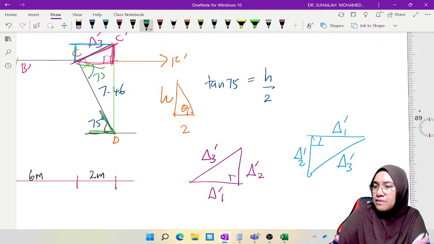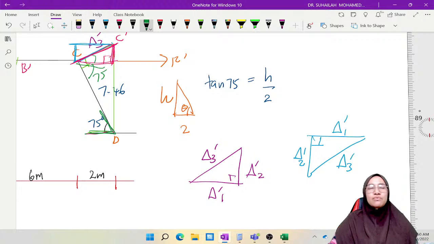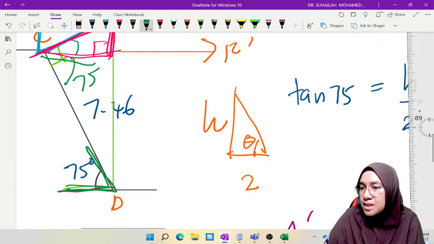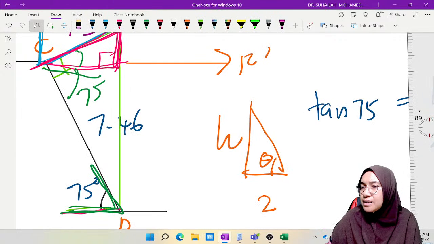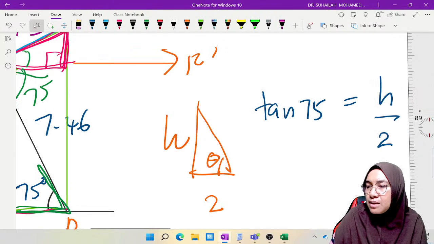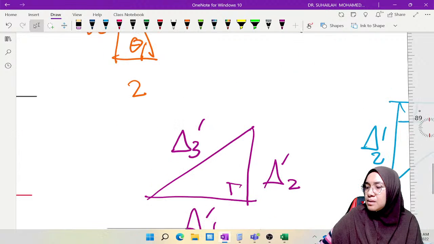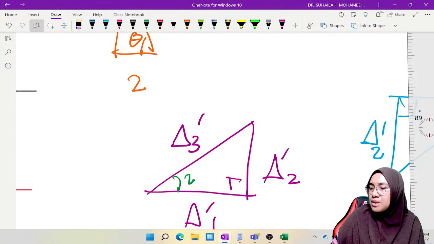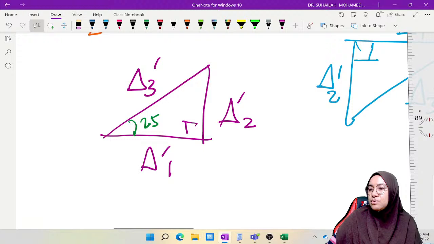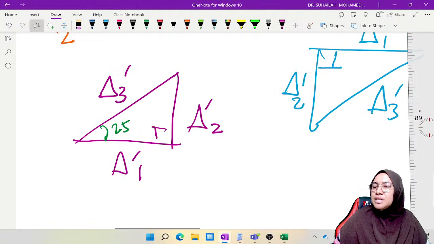Is 75. So the remaining is 25. So the angle will be 25.